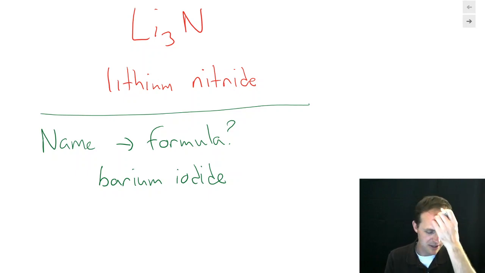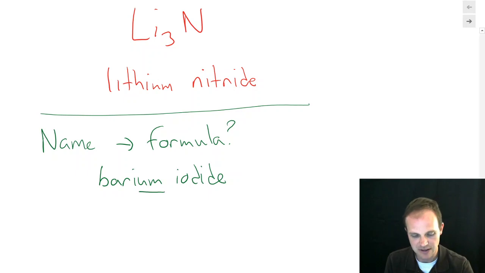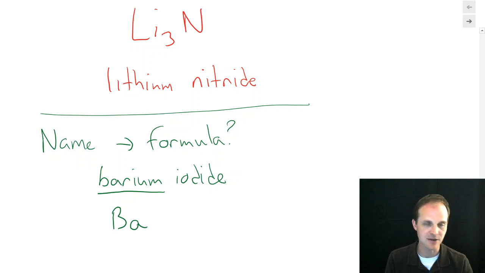Well, remember, in the naming scheme, that first one is our cation. It's our metal. So I find barium on the periodic table. It's Ba. I notice he's in the alkaline earth metals. All the alkaline earth metals are +2 because they all have 2 valence electrons. Easiest thing to do is get rid of those 2.